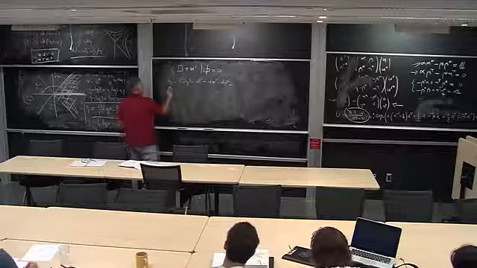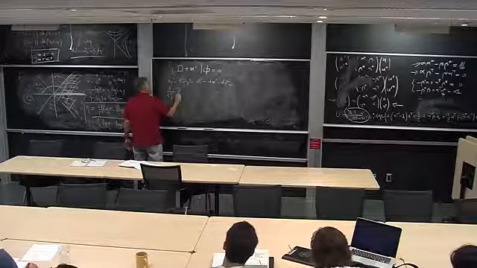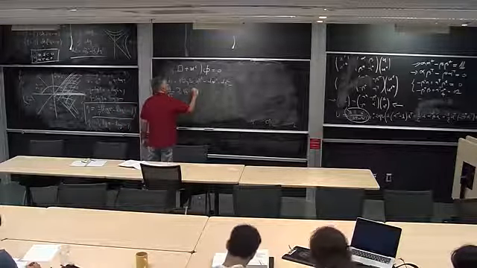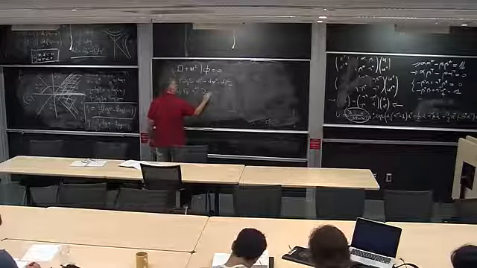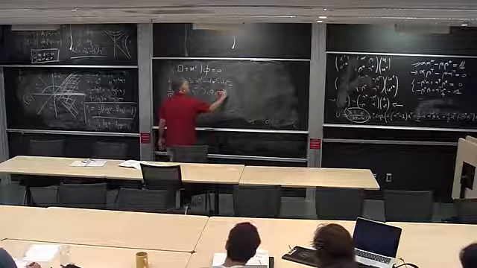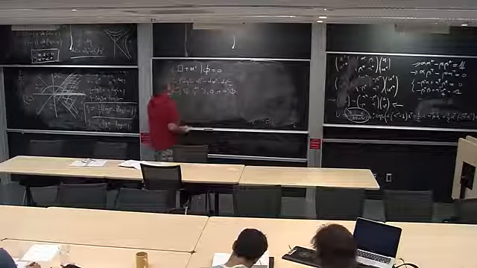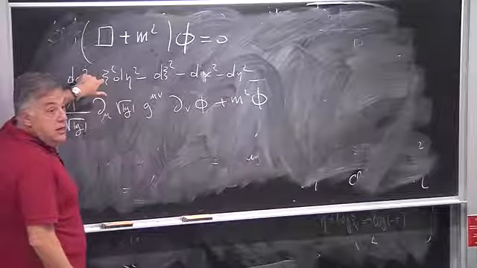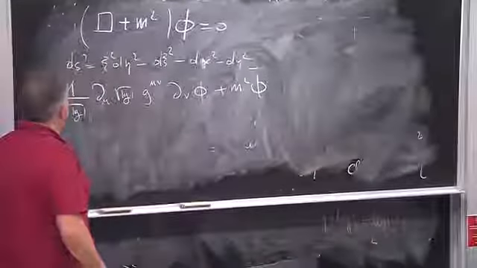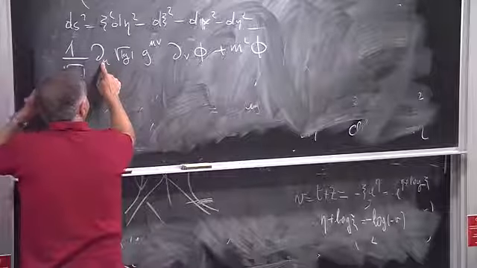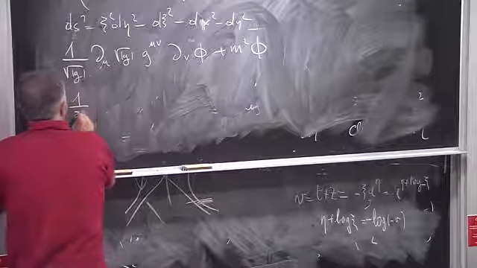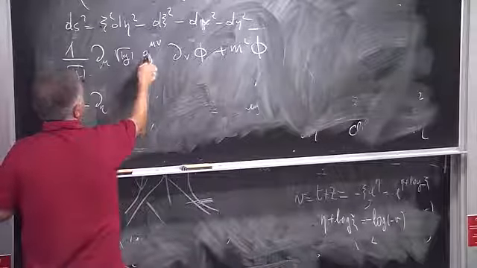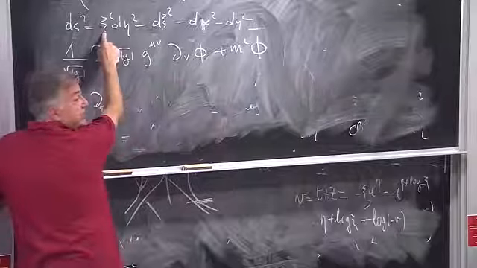If we use the standard formula for the Klein-Gordon operator, the square root of the determinant of the metric is just xi. So when you do the time derivative, you get 1 over xi d eta. Then you get xi, but the inverse is 1 over xi squared.